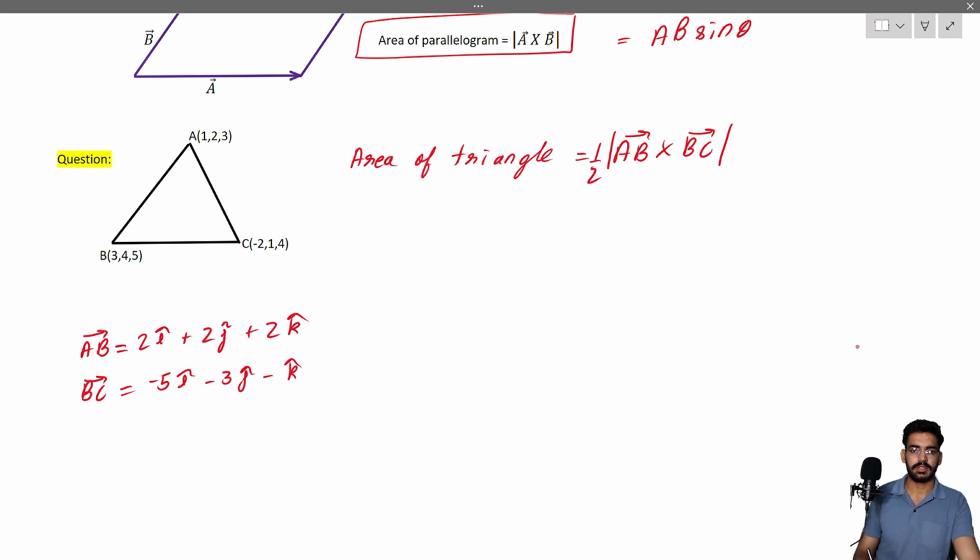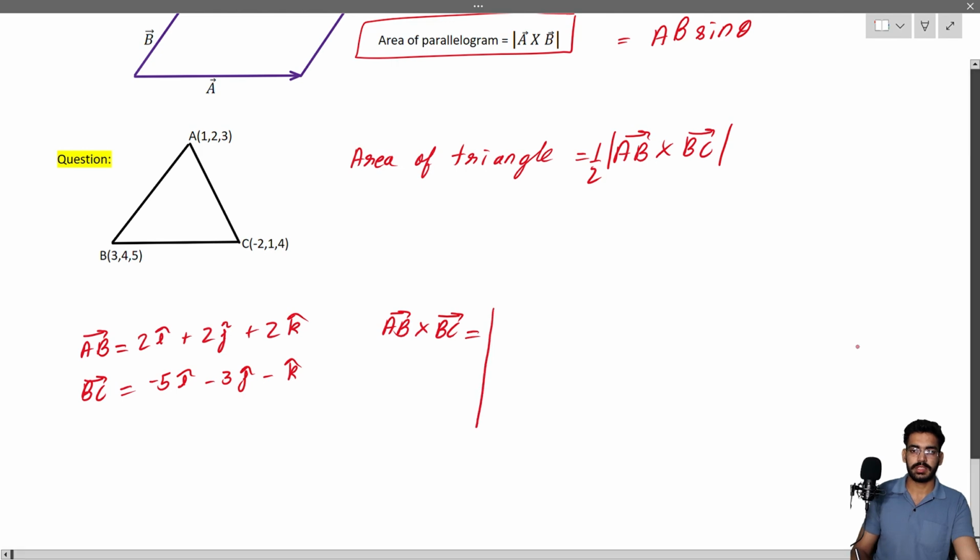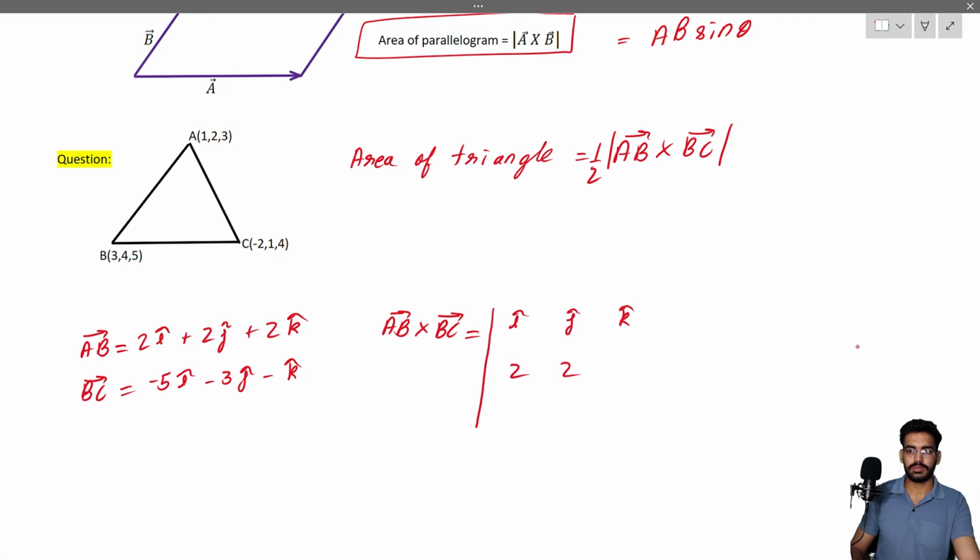Now let's go with the determinant method to find AB cross BC. i, j, k, then 2, 2, 2, and minus 5, minus 3, minus 1.